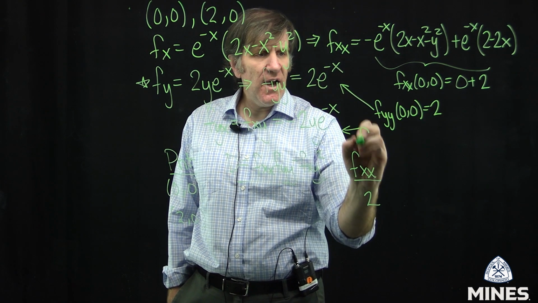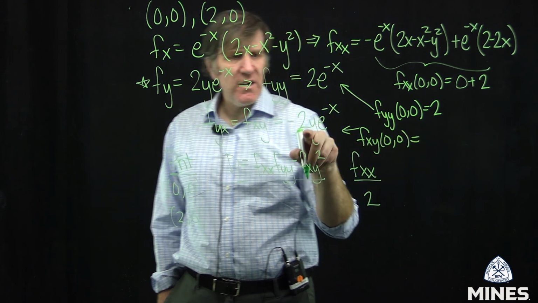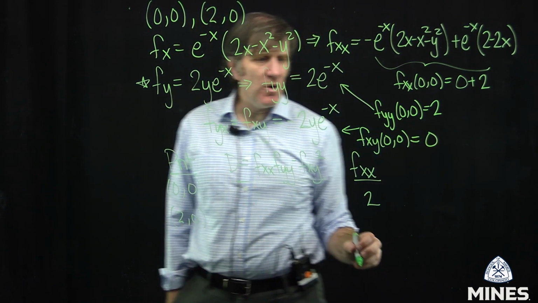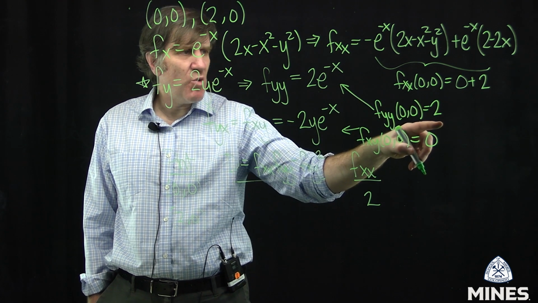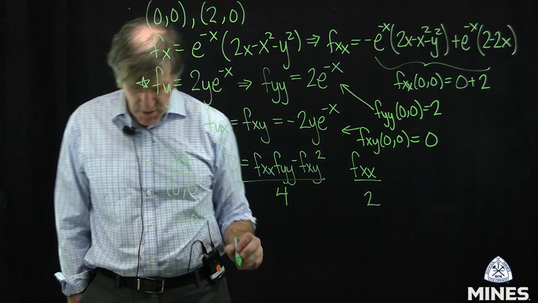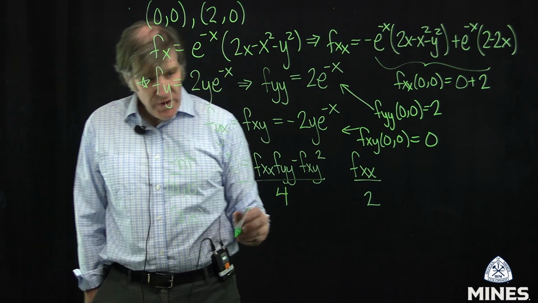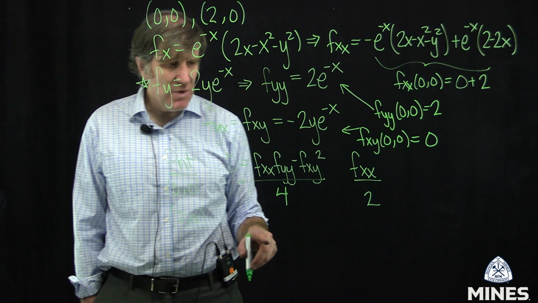And finally, f sub xy at 0, 0. I plug in a 0 for y and a 0 for x, I get 0. So the discriminant is the product, f sub xx times f sub yy minus 0 squared, so this is 4. When the discriminant is positive, we either have a max or a min.